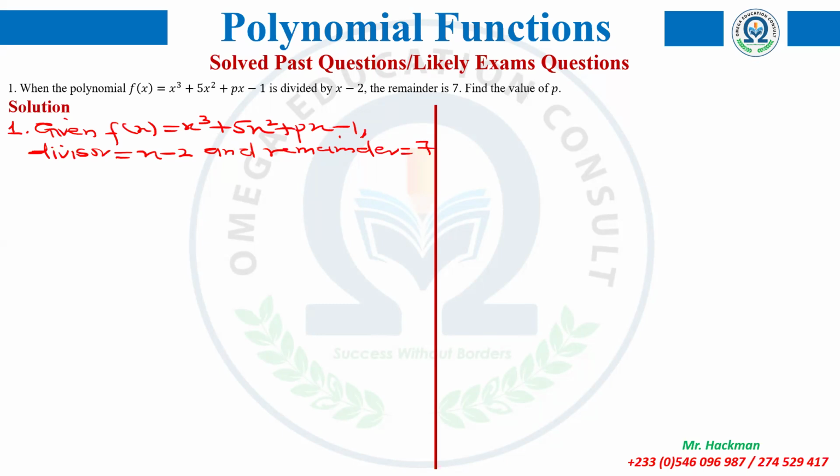We have all the information that we need. We know that if your polynomial is divided by x minus 2 and the remainder is 7, then this implies that f of 2 is equal to 7.